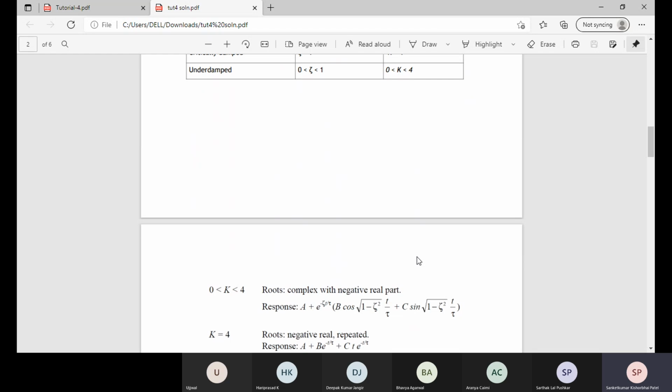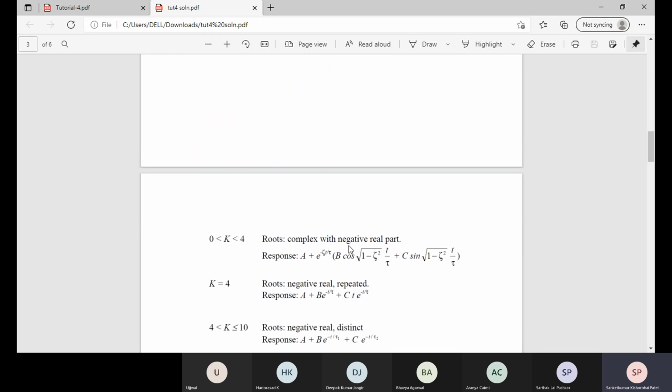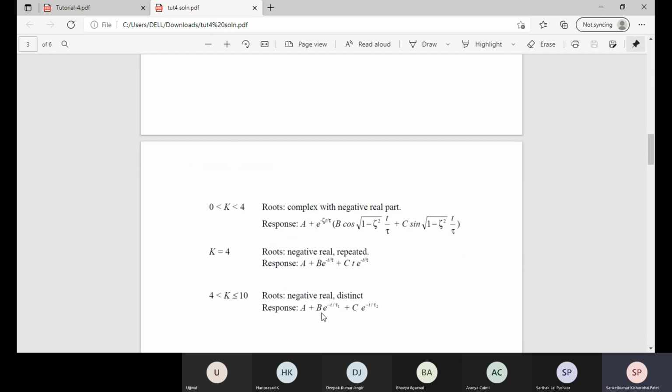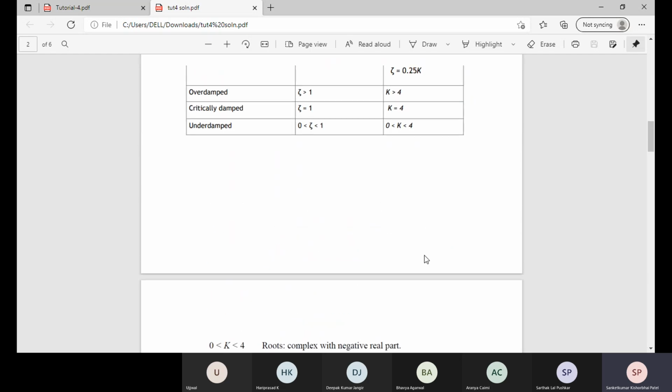So for a second order step change, for an underdamped system, we obtain a general solution like this. For critically damped, we obtain a solution like this, and for overdamped, we have a solution like this.